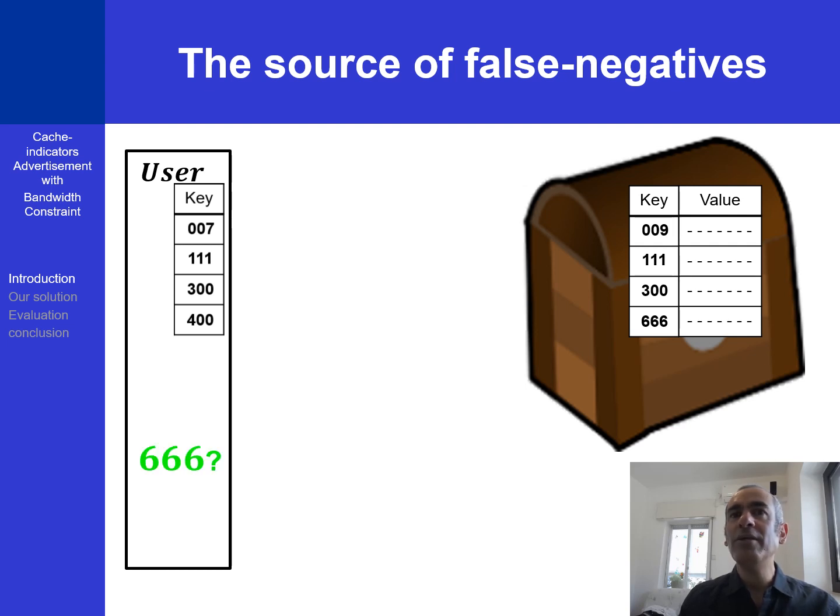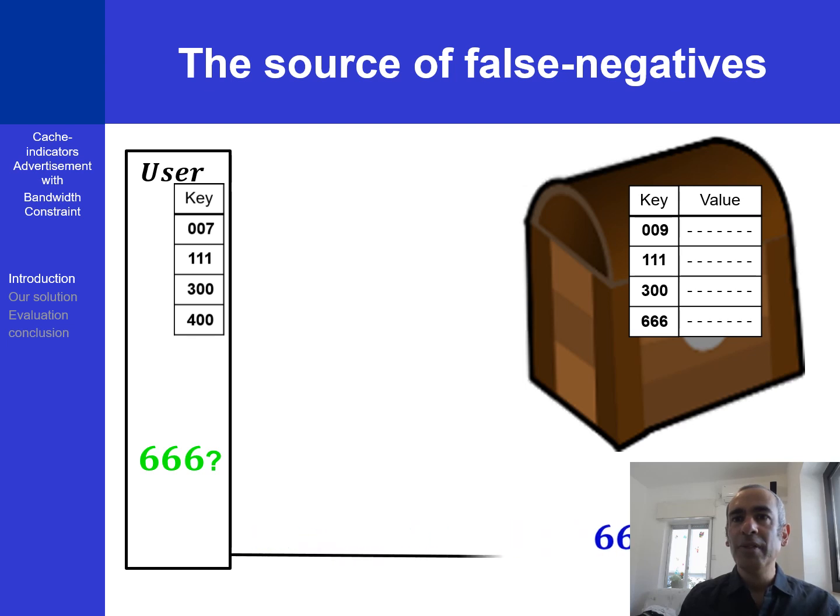Now, when the user is looking for datum 666, this item is actually found in the cache, but the user doesn't know that because this item was inserted into the cache after the last advertisement of a fresh indicator by the cache.